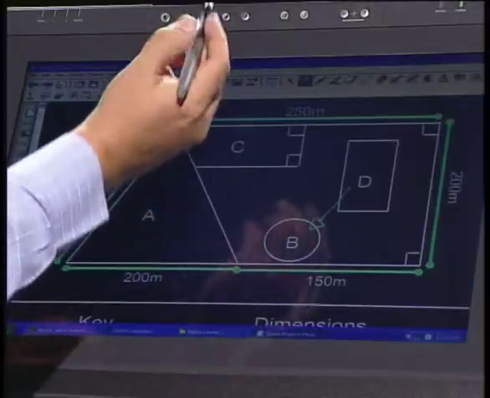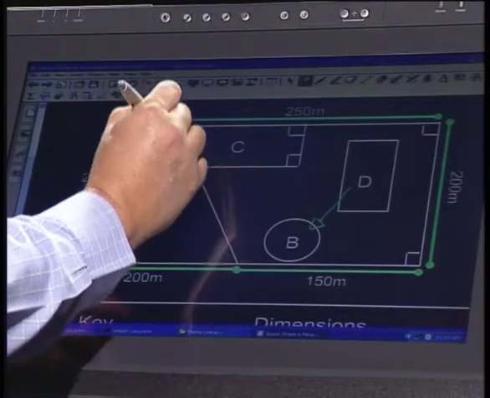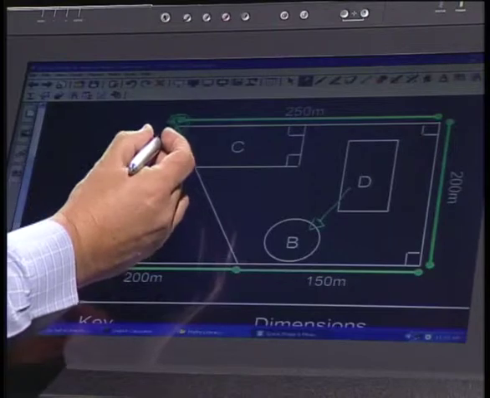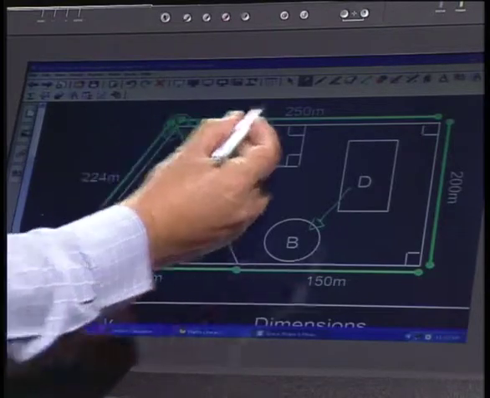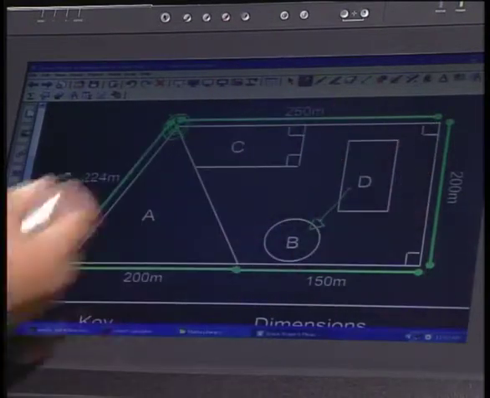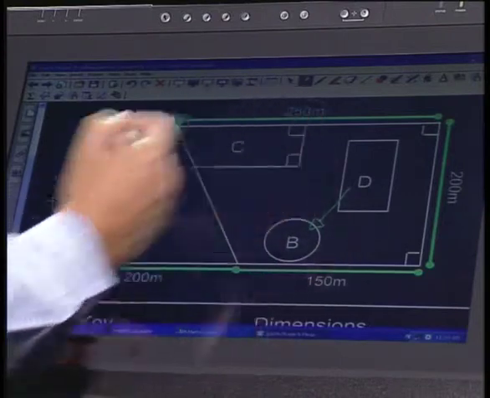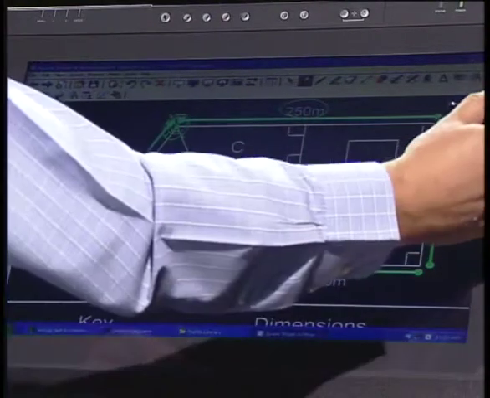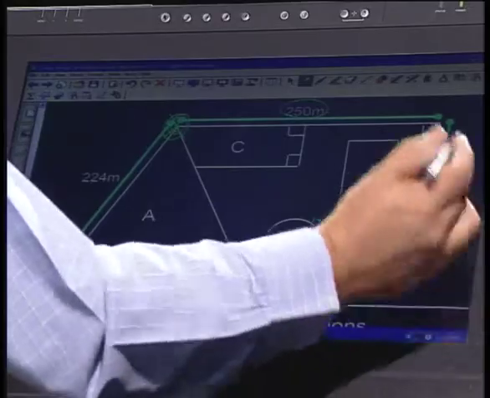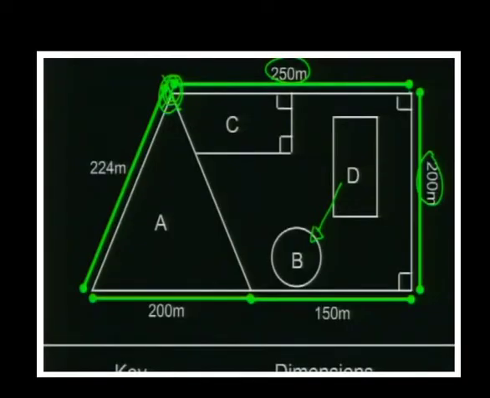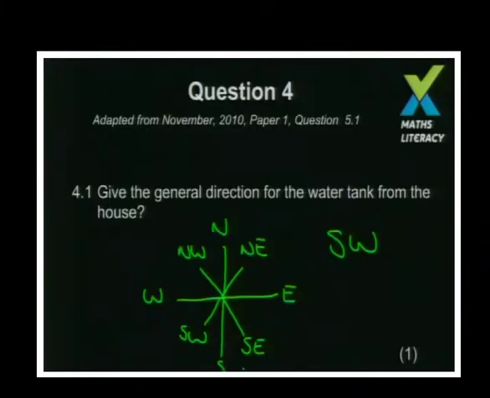If I were to start in this spot over here, to walk from this spot all the way to that corner, I'm going to walk 250 meters. To walk from that corner to that corner, 200 meters. From this corner to that point, 150, a further 200, and then finally another 224 meters.